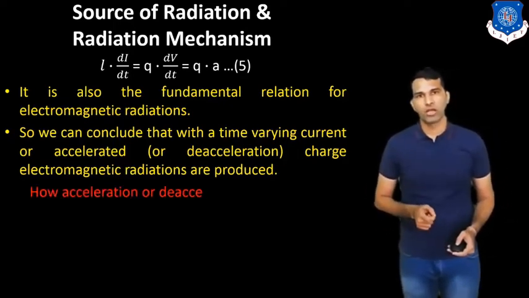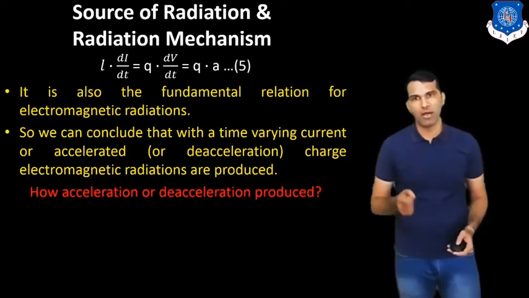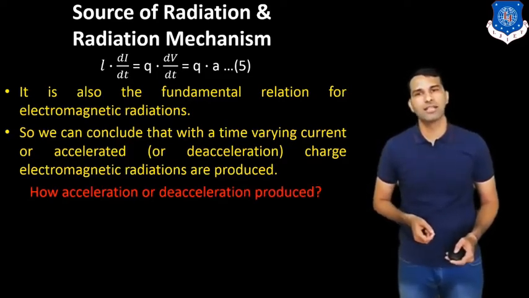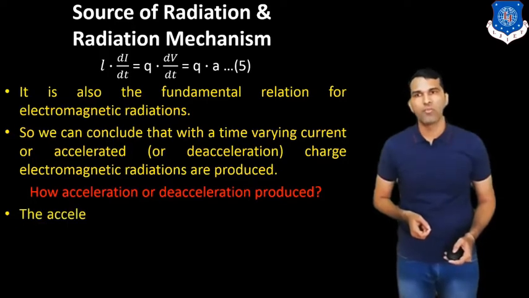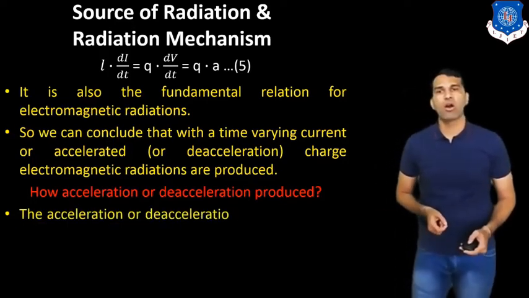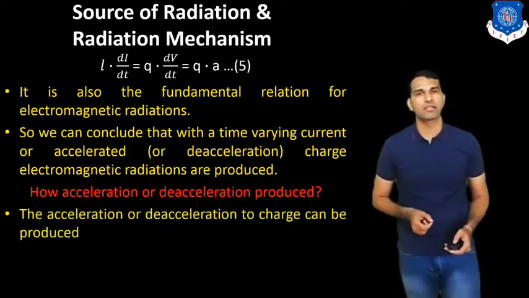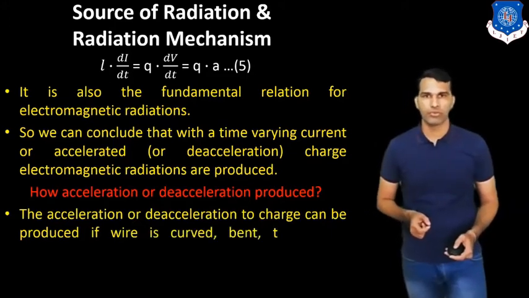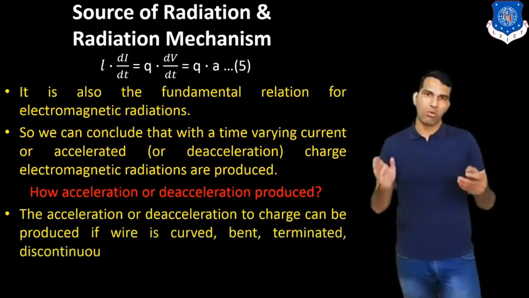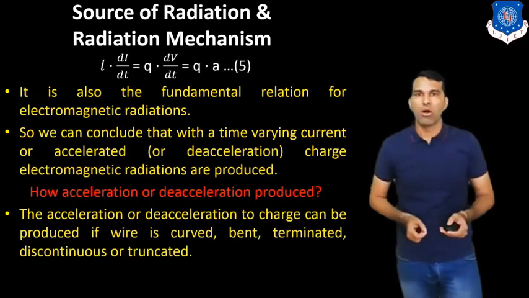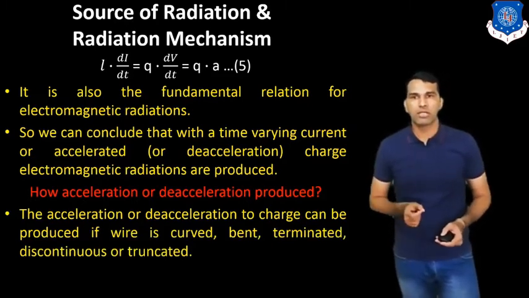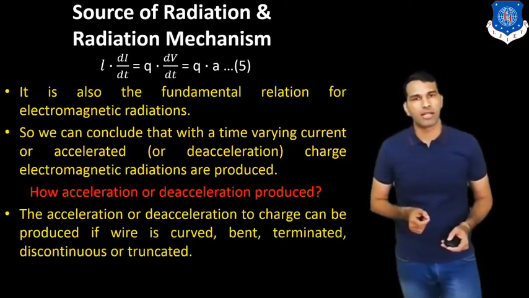Now the question comes to our mind: how is acceleration or deceleration produced? The acceleration or deceleration of the charge can be produced if the wire is curved, bent, terminated, discontinuous or truncated.